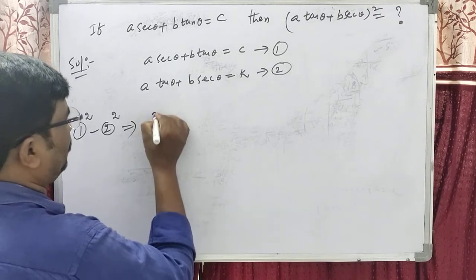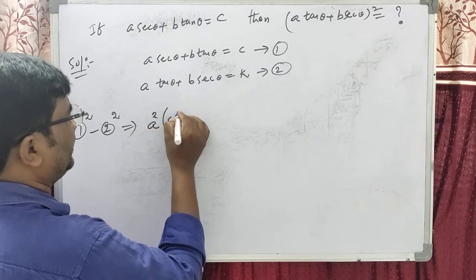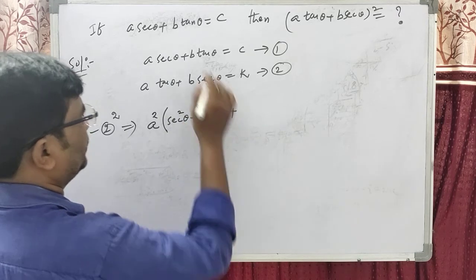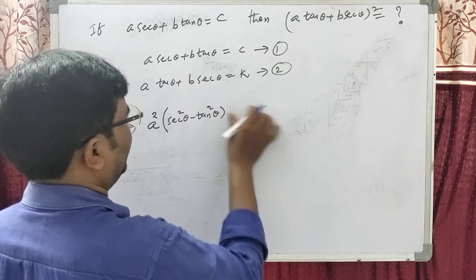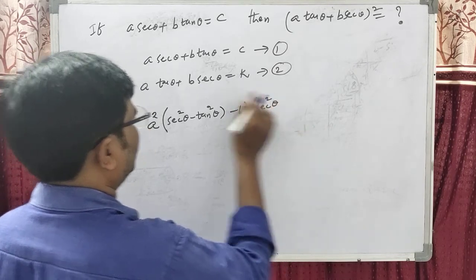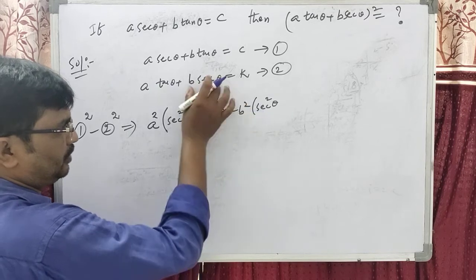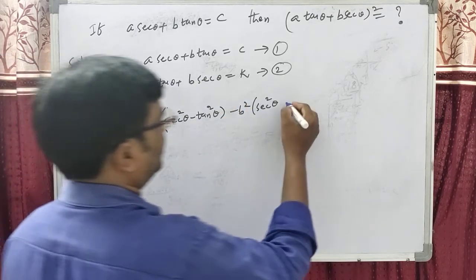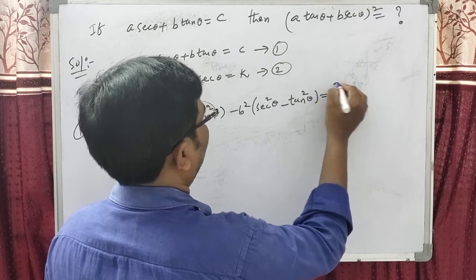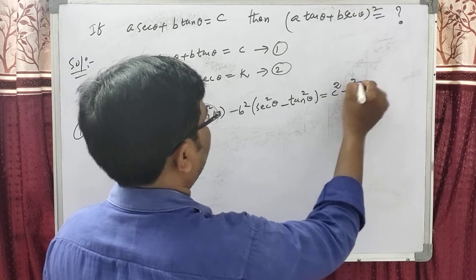A square is common, students: secant square theta minus tan square theta. Here also minus B square is common: secant square theta minus tan square theta. Now C square minus K square.